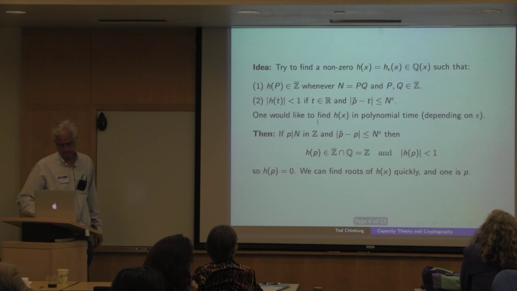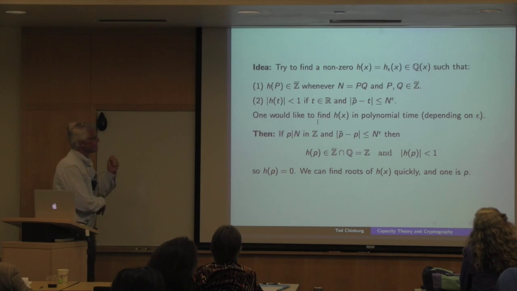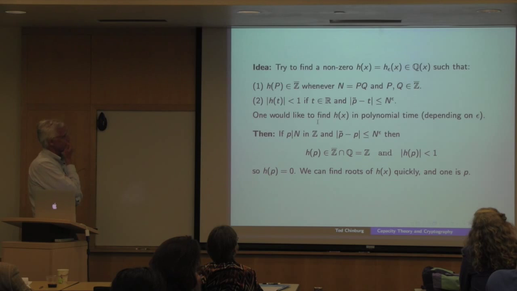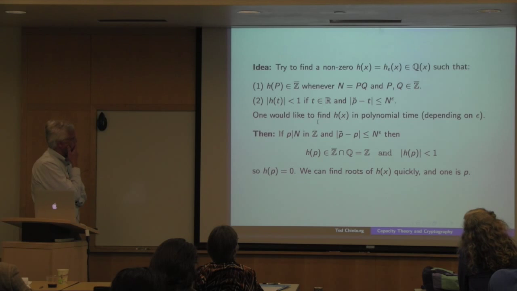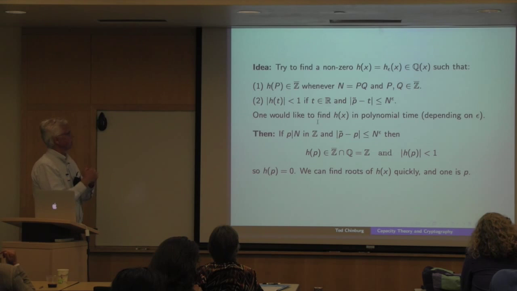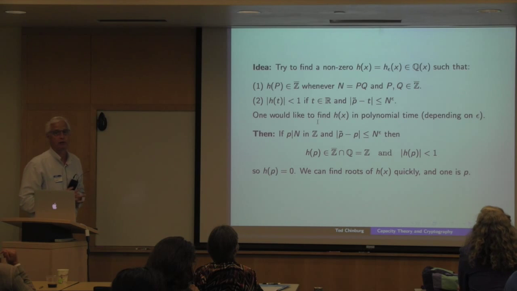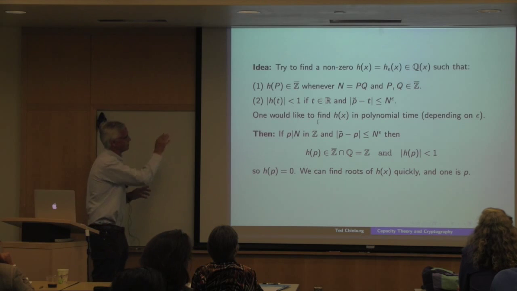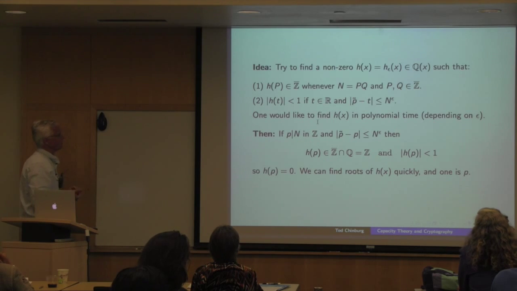Depending on what the epsilon is, you try to find a non-zero rational function which has the property that if you can factor n into capital P times capital Q, where these are any algebraic integers, then the value of your rational function on either factor has to also be an algebraic integer.